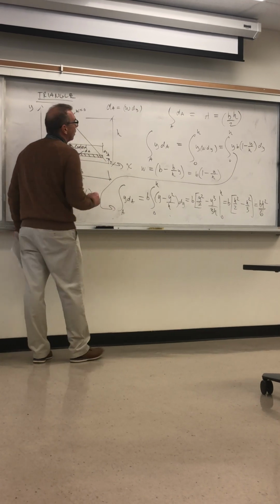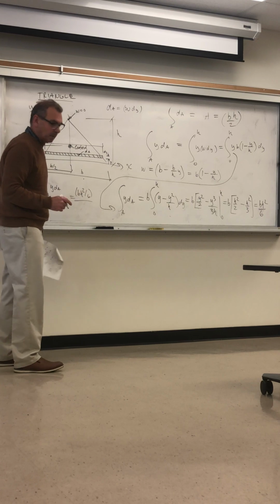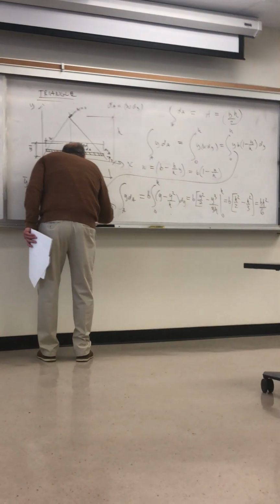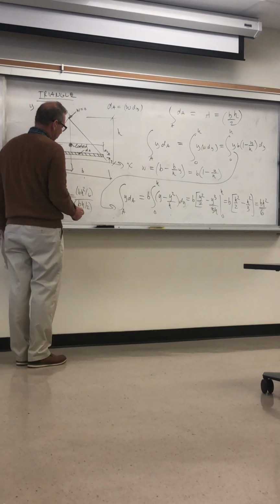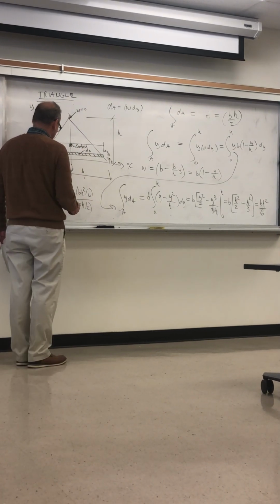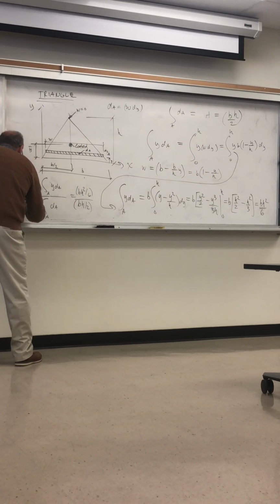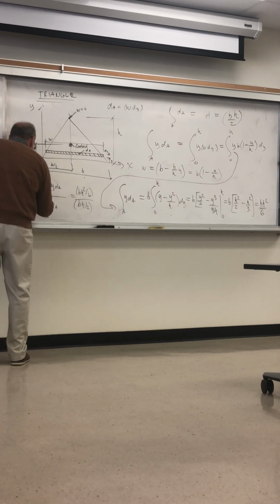And then the bottom part is just the area of the triangle, b h over 2. So we're going to end up with 2 over 6, which is 1/3. So therefore, y bar is h over 3.